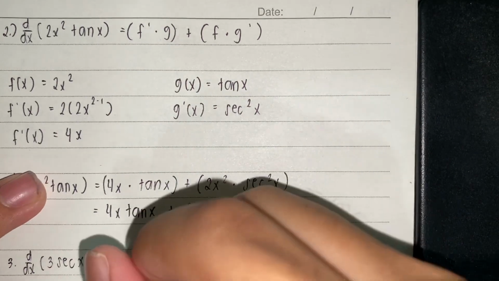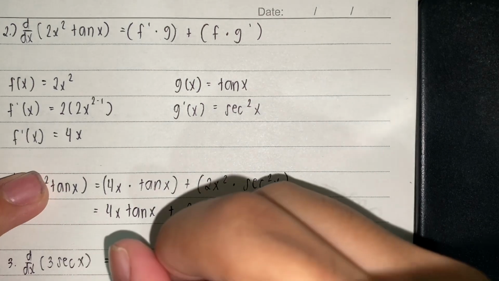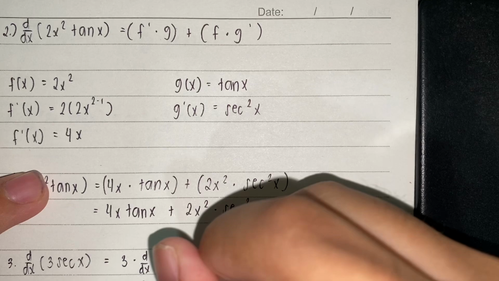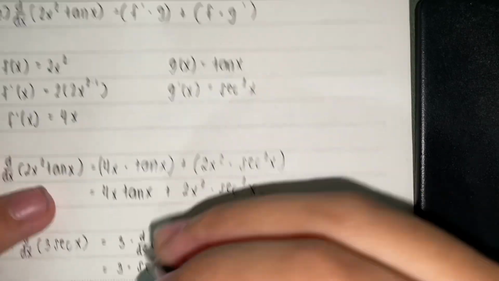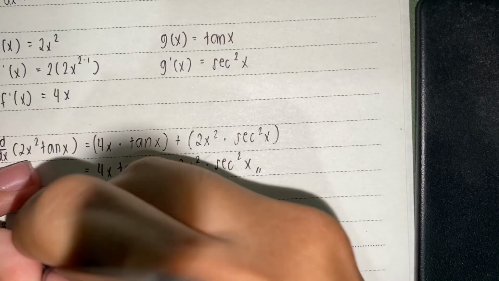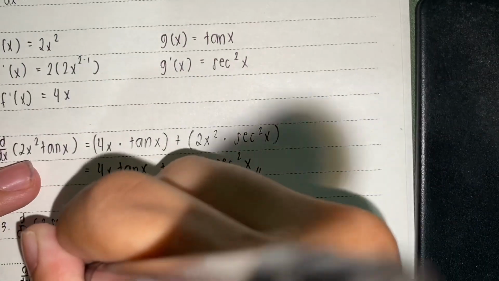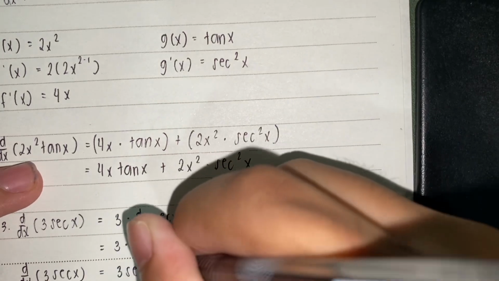That's going to be 3 times the derivative of secant x, which is secant x tangent x. So our final answer for the derivative of 3 secant x is 3 secant x tangent x.